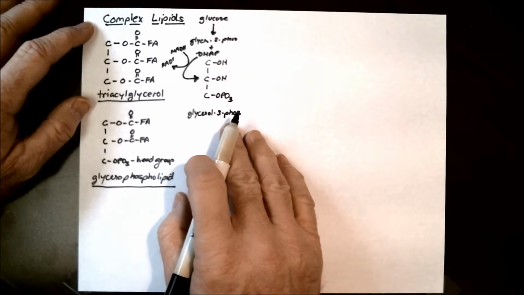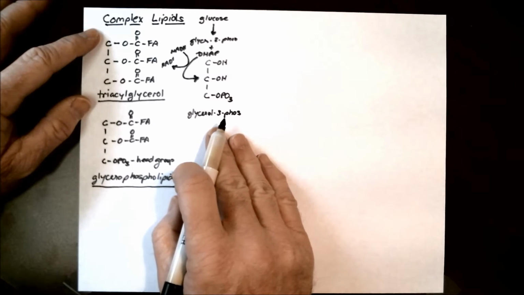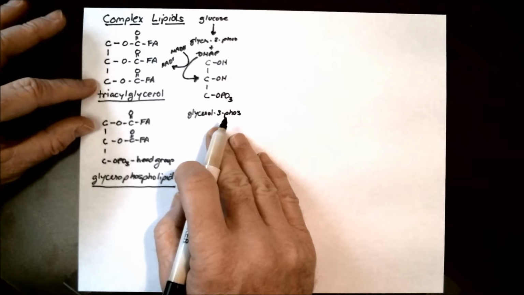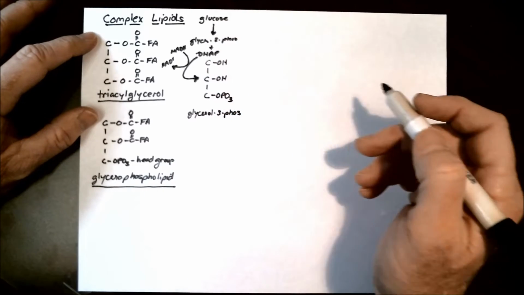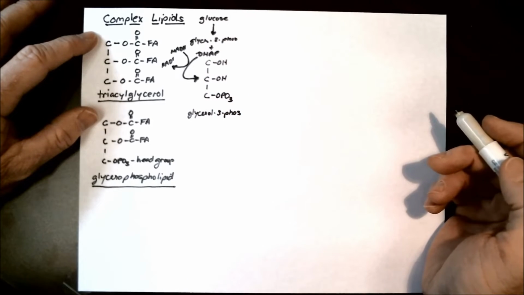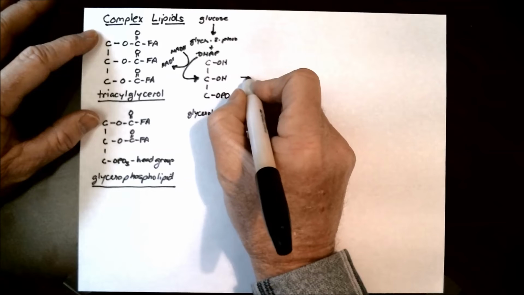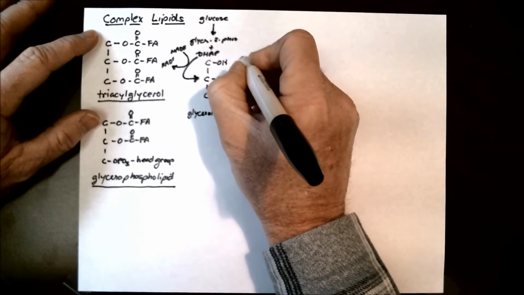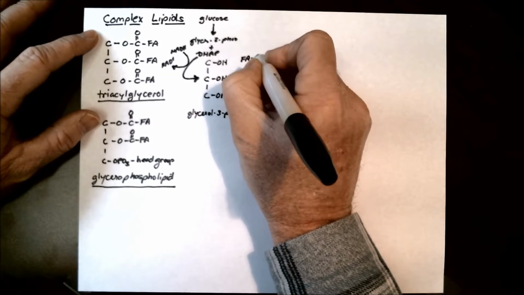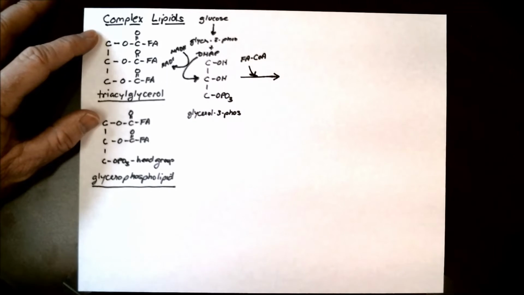So the glycerol 3-phosphate that is going to be the backbone of triacylglycerols and glycerophospholipids comes from glycolysis. Now the first step in this reaction is we are going to add a fatty acyl CoA group.